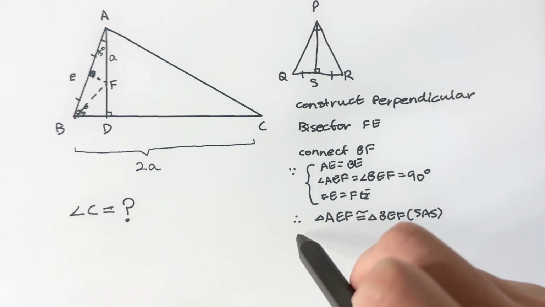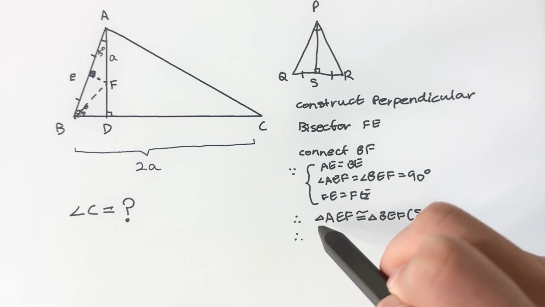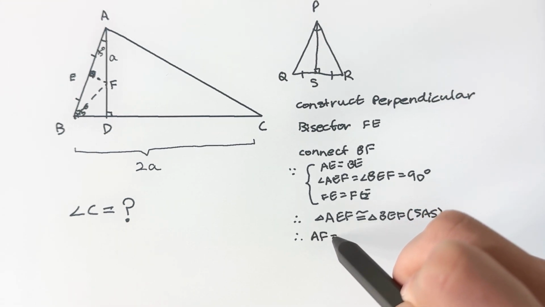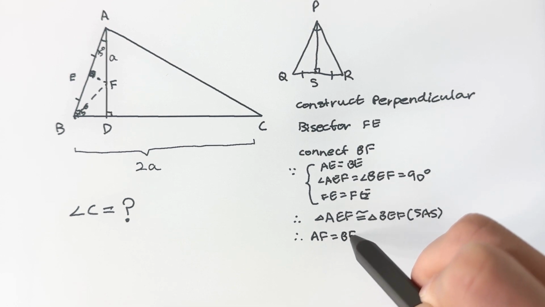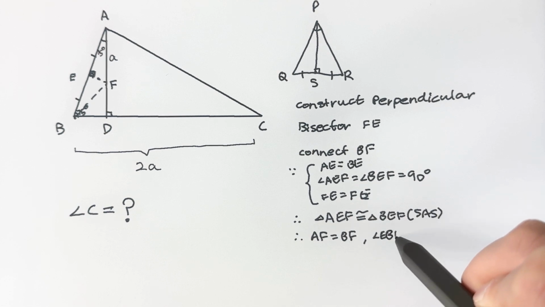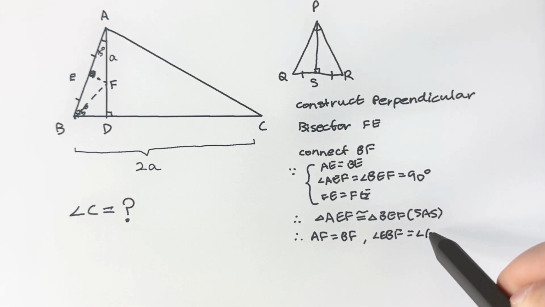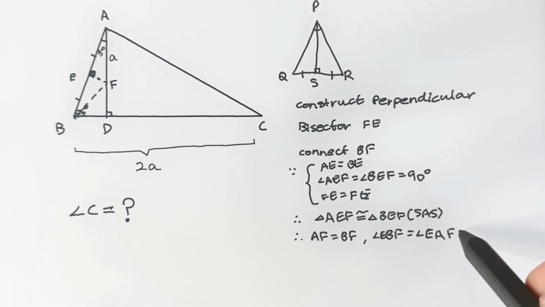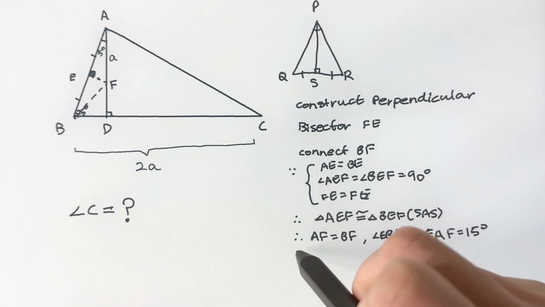This will mean that AF equals BF, and angle EBF will equal angle EAF, which equals 15 degrees.